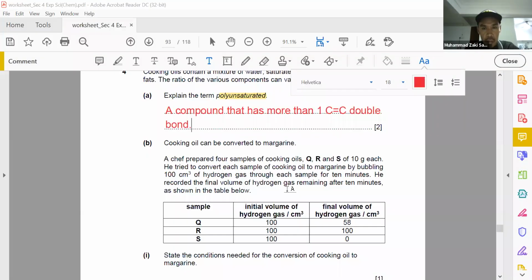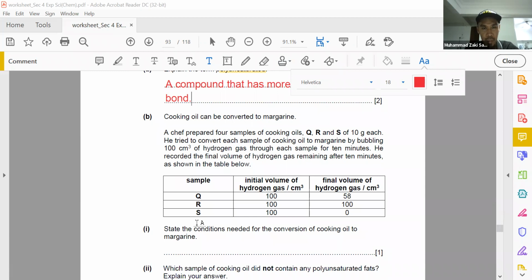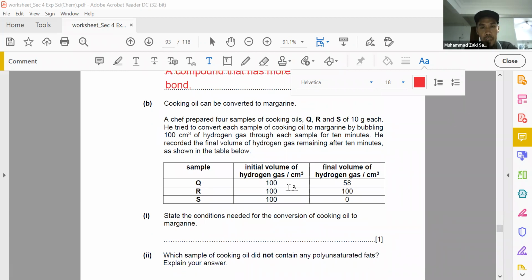So cooking oil can be converted to margarine. We have samples Q, R and S. What happened here?